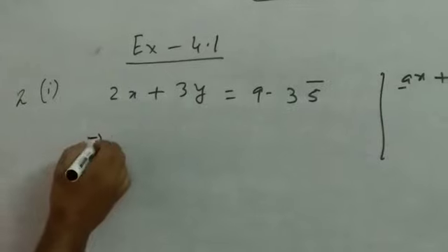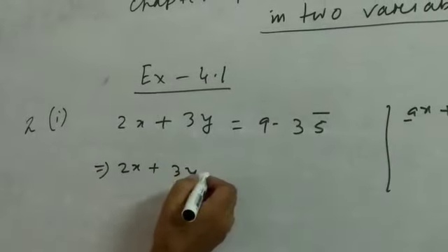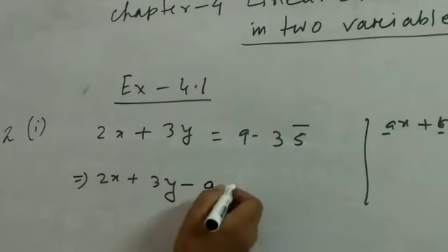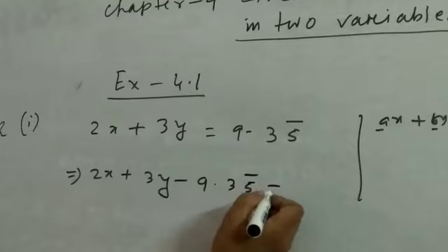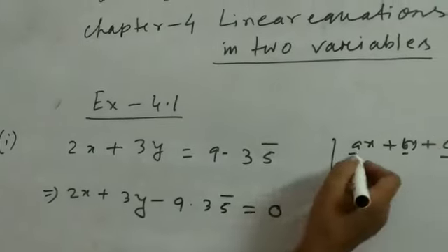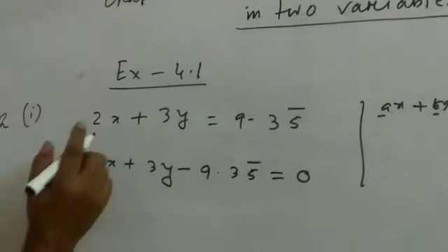So the answer will be 2x plus 3y, and this term is transferred. On this side it is plus, so if we transfer it the sign will change: minus 9.35 bar is equal to 0. So this is the answer. You compare this equation and this equation. This is the first part, but we have to indicate the values.